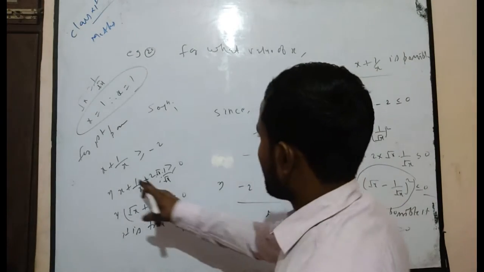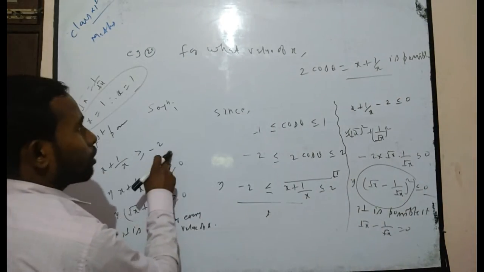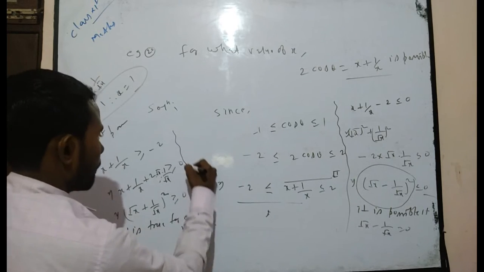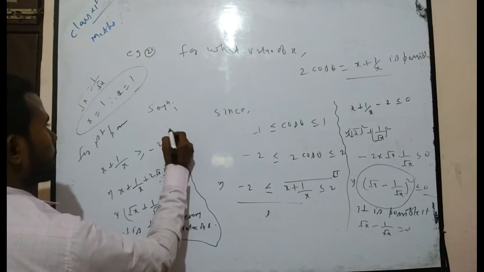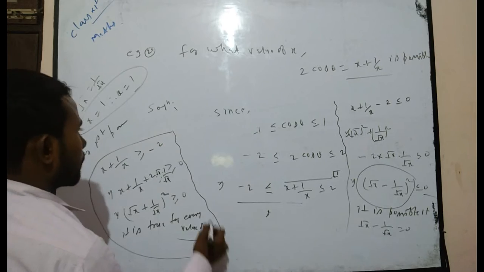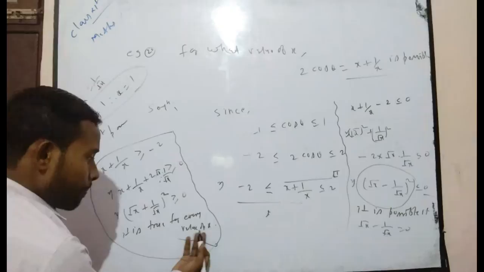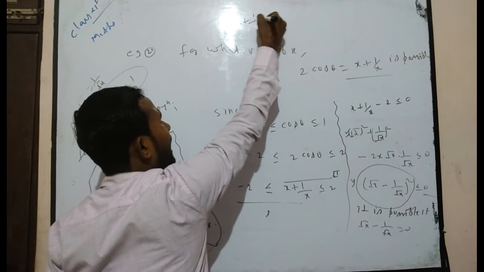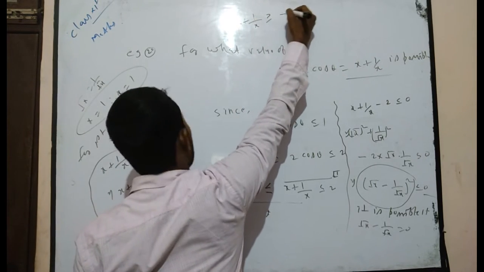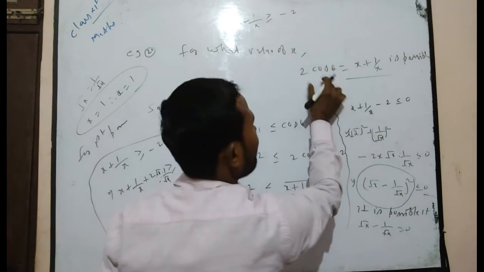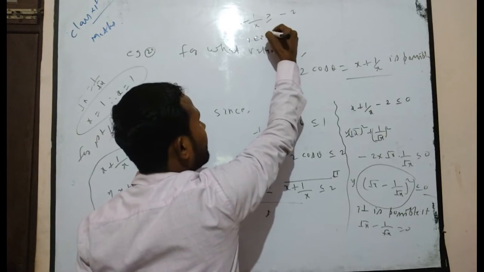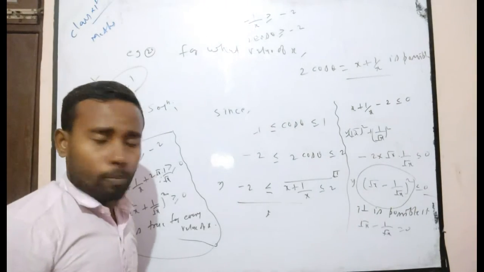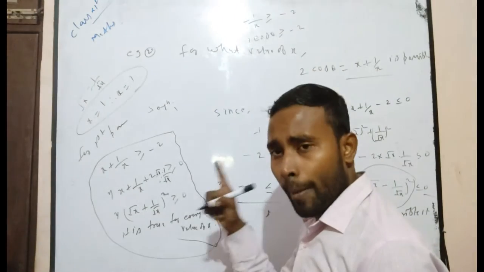then it will be x plus 1 by x greater than or equal to minus 2. It is true algebraically for all values of x, but here if x plus 1 by x is greater than or equal to minus 2, in that case 2 cos theta is greater than or equal to minus 2, and I think it is true for every value of x.